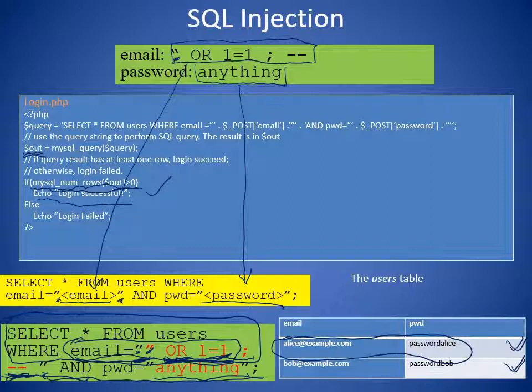So as you can see, even though the attacker does not know anything about a valid email and password, the whole SQL statement will be able to bypass the original checking logic and allow the SQL injection to happen.